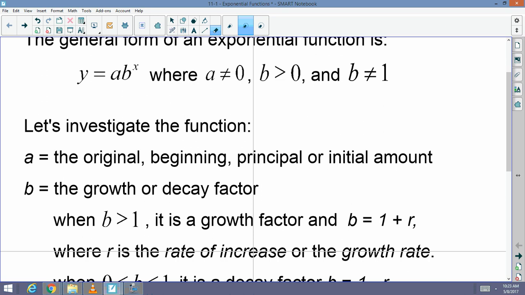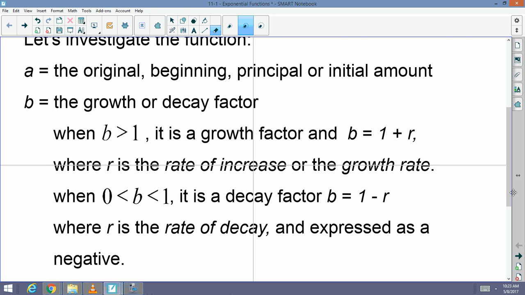b is either, guys, the growth or the decay factor. What are you talking about? Well, when we're dealing with percentages, we can either have a growth where there's an increase in percentage every month or every day or every year or every week, every certain time interval, or there could be a decrease in percentage. For example, a car.